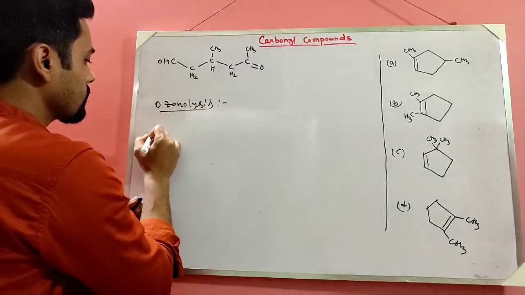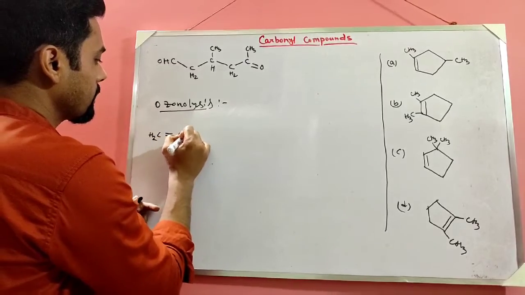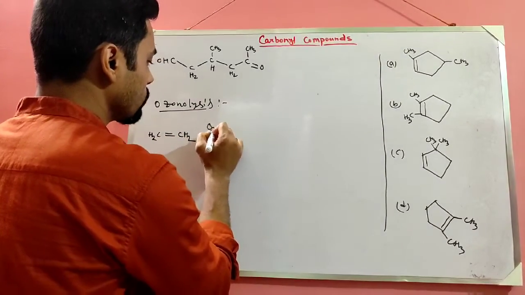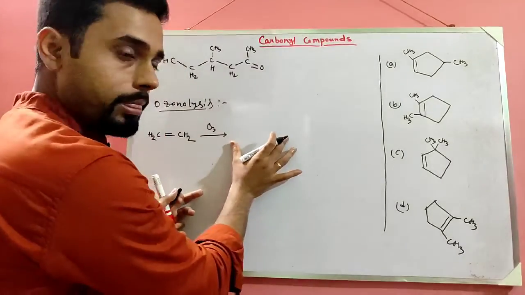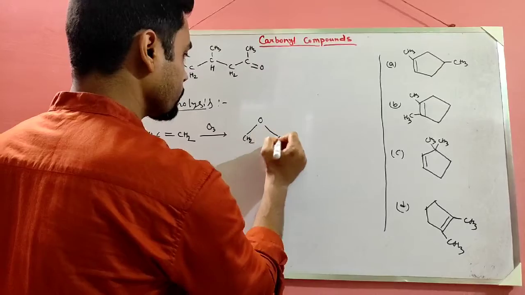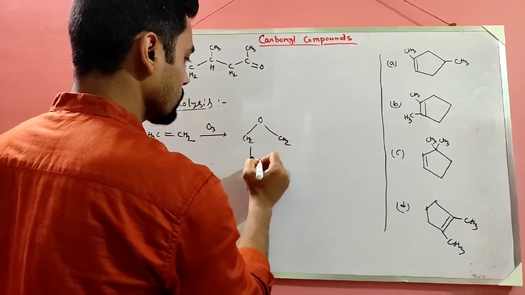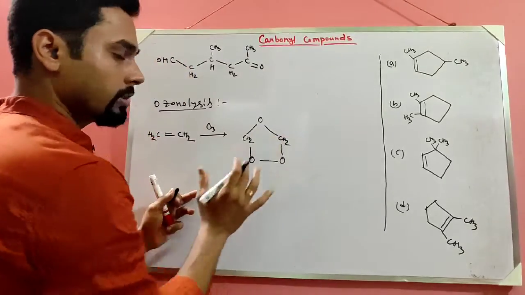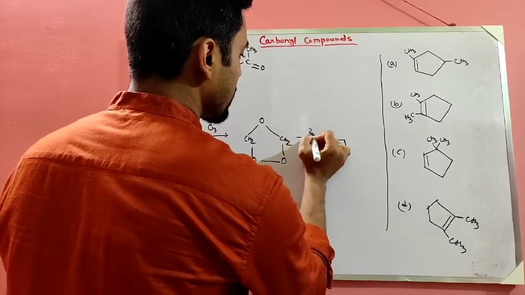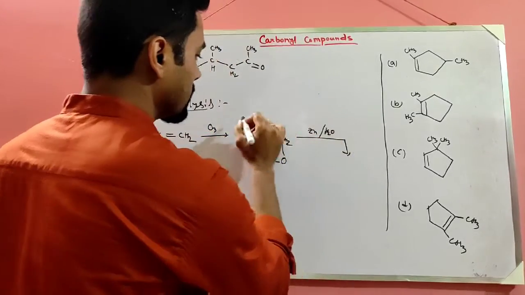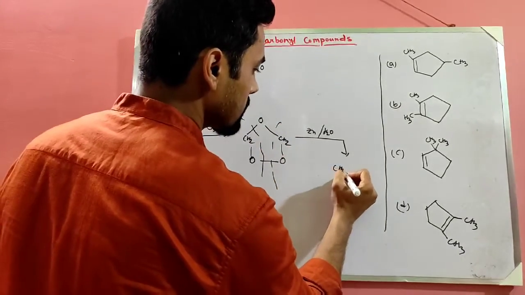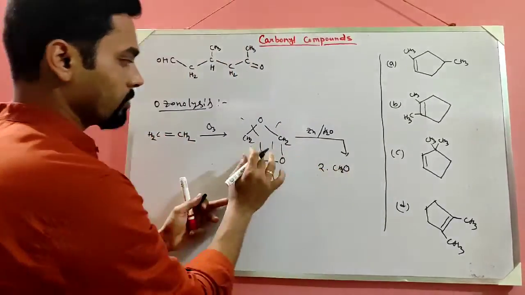Let's start with the simplest compound, ethylene. When it reacts with ozone, initially an ozonide compound is formed, which has the following structure. When this reacts with zinc and water, it breaks down and we will get CH2O, two molecules.